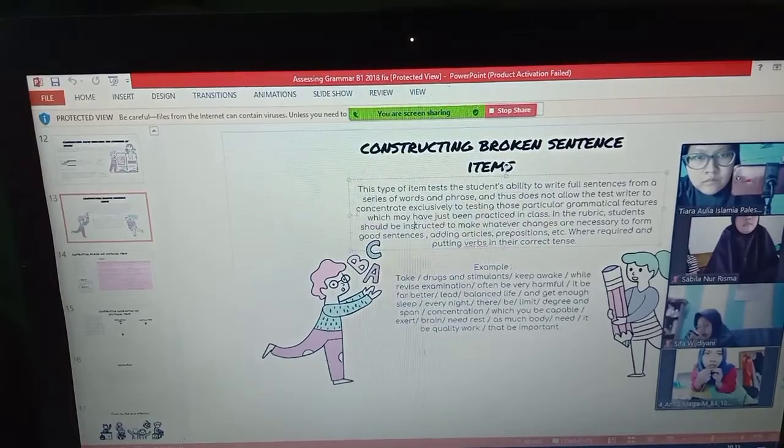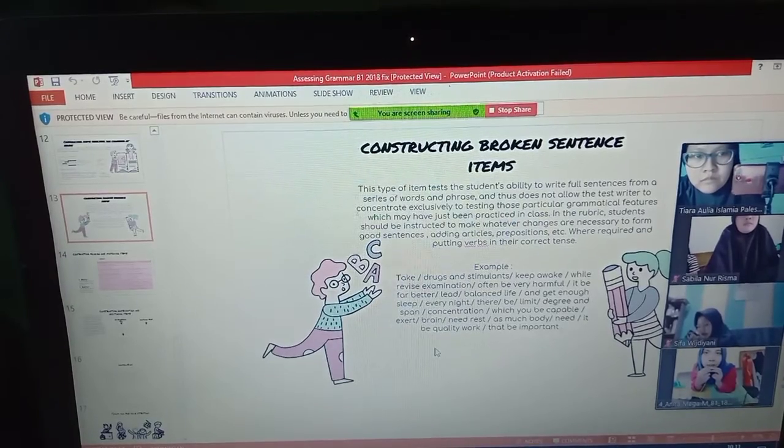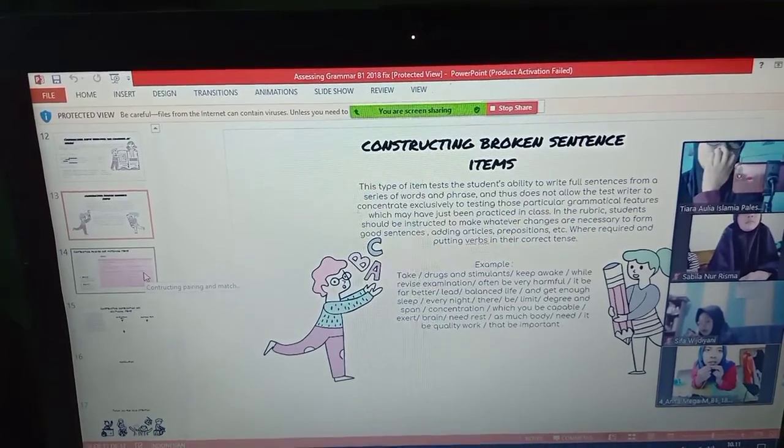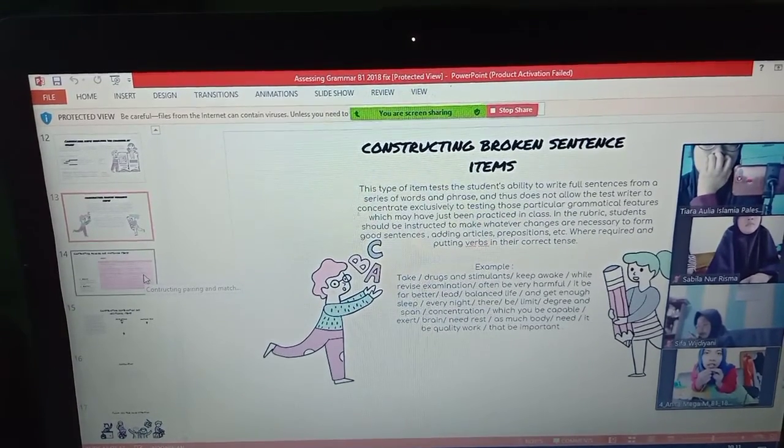Jadi, jenis ini untuk menguji kemampuan siswa menulis kalimat lengkap dari serangkaian kata dan frasa. Dengan demikian, tidak memungkinkan penulis tes berkonsentrasi secara eksklusif.